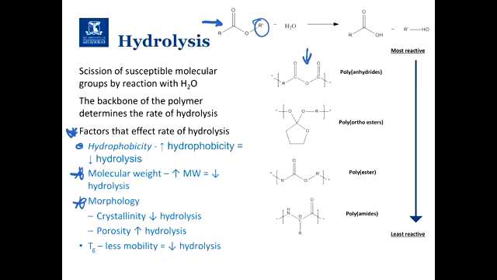Depending on where the glass transition temperature is, sometimes your polymer might be molten or liquid, sometimes it might be solid, and if it's a solid, it might be crystalline or not. So that has to do with macromolecular movement within the polymer.